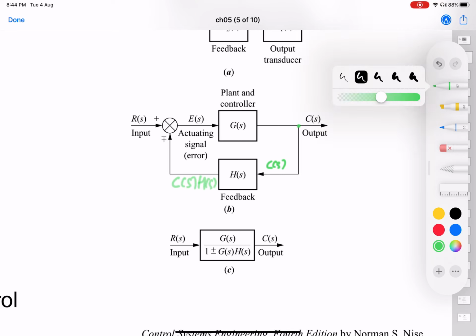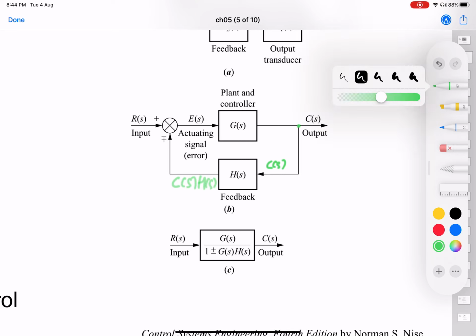And I can write down Rs into Gs is equal to Cs into 1 plus GsHs. And you can write down Cs by Rs is Gs divided by 1 plus GsHs. So this is the transfer function for the negative feedback. I have taken this as negative. That is why I have Rs minus Cs.